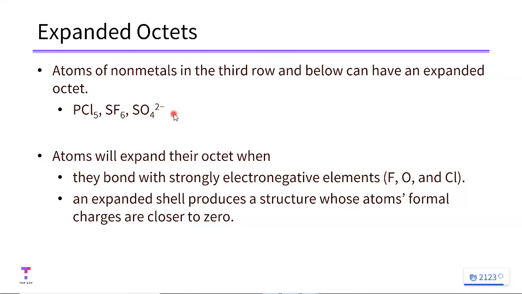Charges tell us if we have extra electrons or fewer electrons than what we would have expected. So if I look at SO4, sulfur has 6 valence electrons. Oxygen also has 6 valence electrons. So 6 plus 24 gives me a total of 30 valence electrons for SO4.